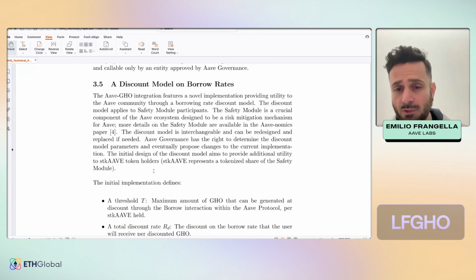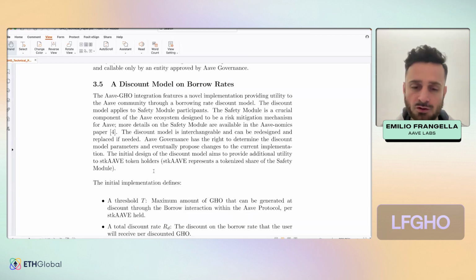Another interesting aspect of the Aave Go integration is that, for those of you who don't know, one component of the Aave protocol is called the safety module. The safety module is supposed to be a kind of insurance fund for the Aave protocol.